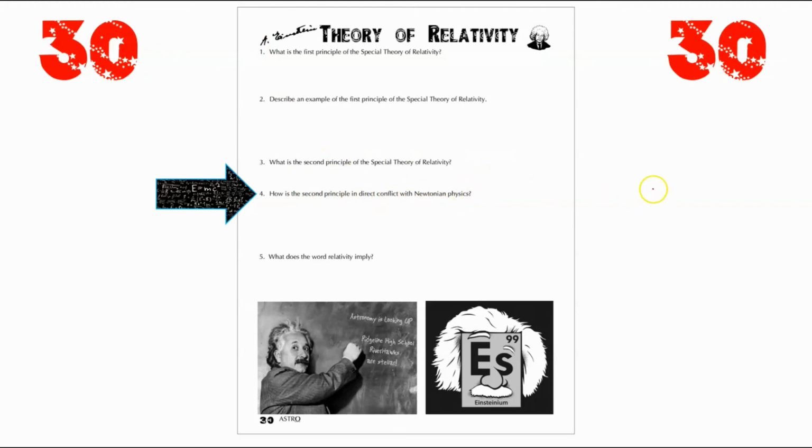Newtonian physics is kind of how you and I operate and function throughout the world and thinking about how things move. And we'll take a look at how the second principle of the theory of relativity is in conflict with Newtonian physics. Let's first look at a very classic approach where perhaps the baseball is being thrown at a velocity of 10 meters per second.